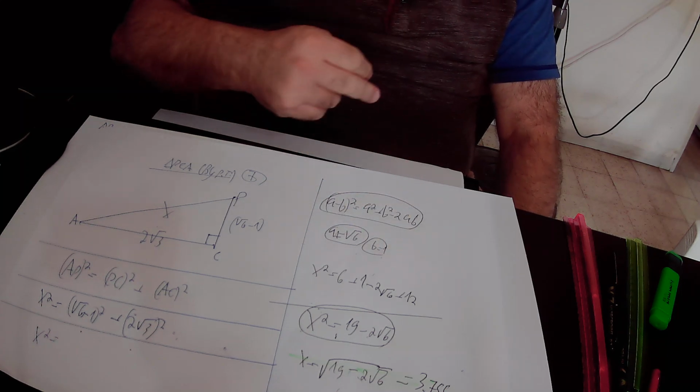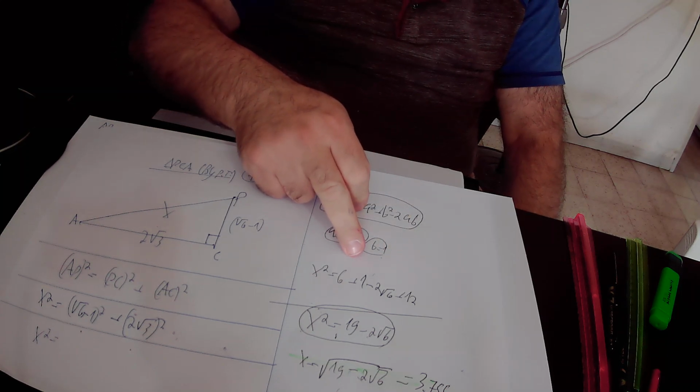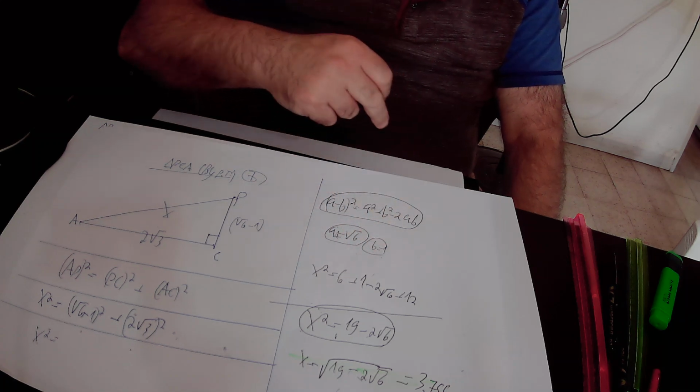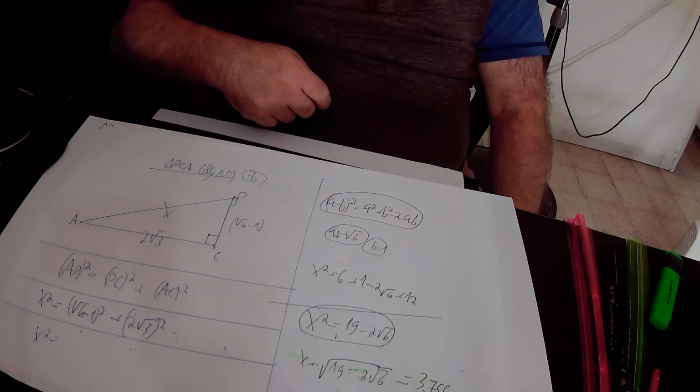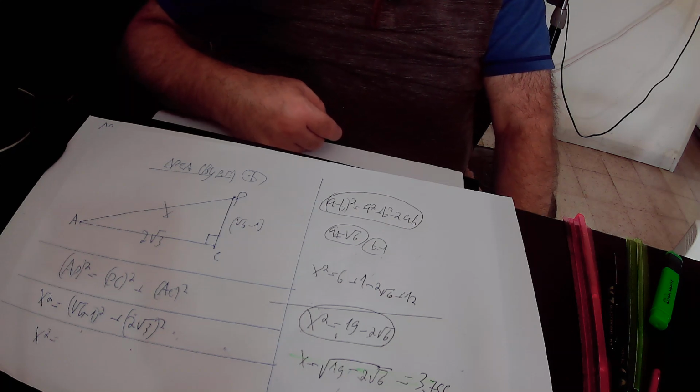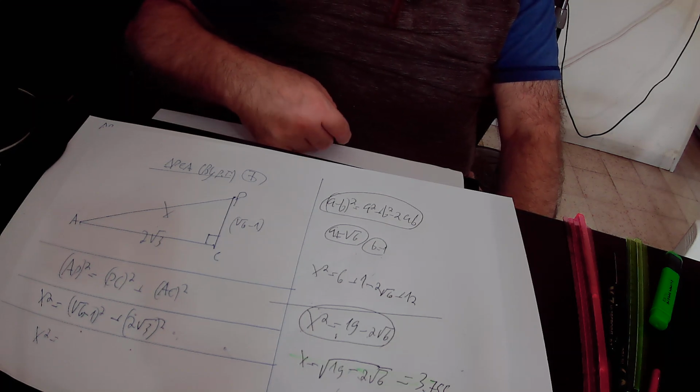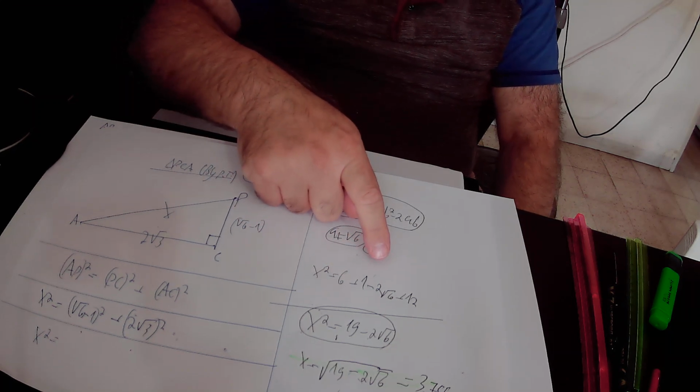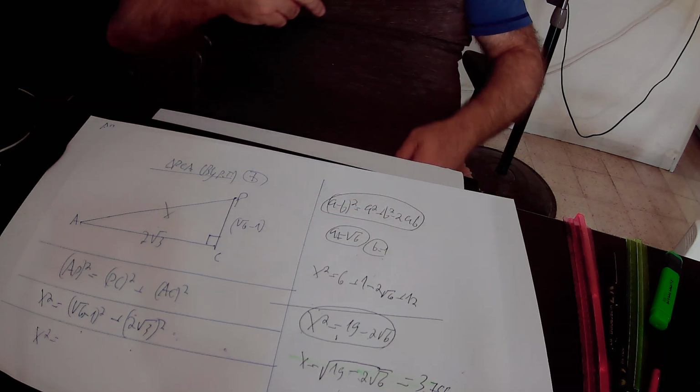In conclusion, x squared equals 6 plus 1 plus 12 minus 2 times square root of 6. That is, 6 plus 1 plus 12 is 19, minus 2 times square root of 6 units.